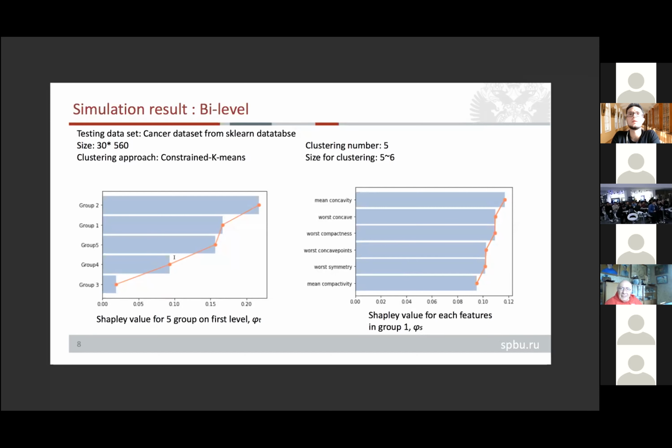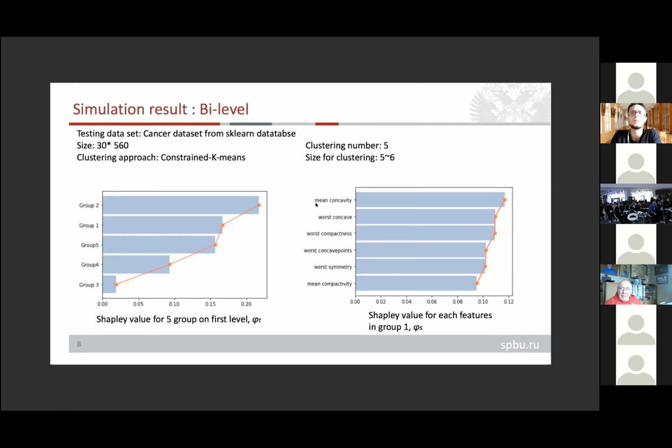The left picture shows the group levels. You can see that the different groups make different contributions to the results. The right picture shows the results in group 1. We just picked one of them to show.